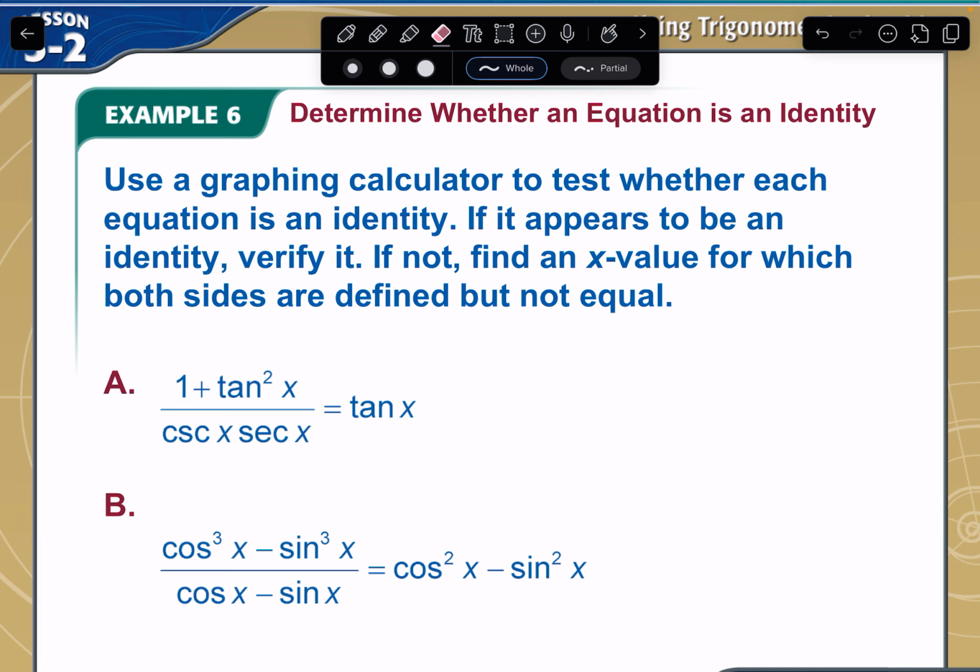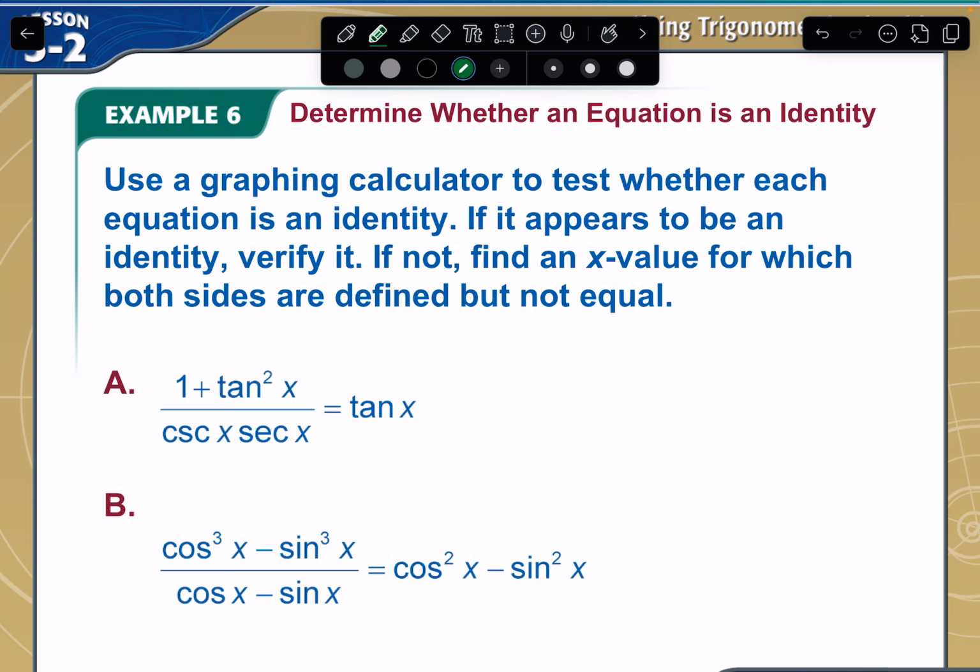I'm not going to ask you to do this last part, finding the x value. You really need to prove that they're the same and then verify it. And if it's not the same, I just want you to write that they're not the same. You don't have to do that added part of finding the x value where they're both defined.